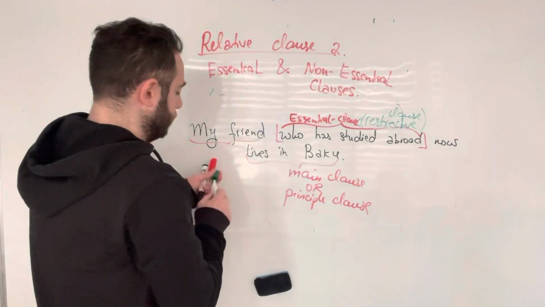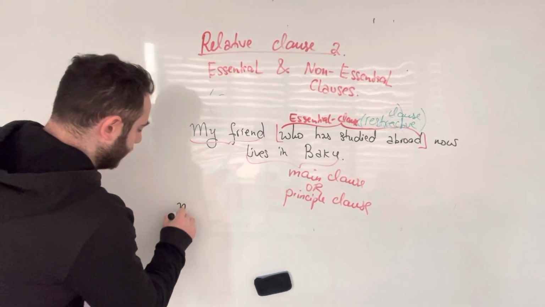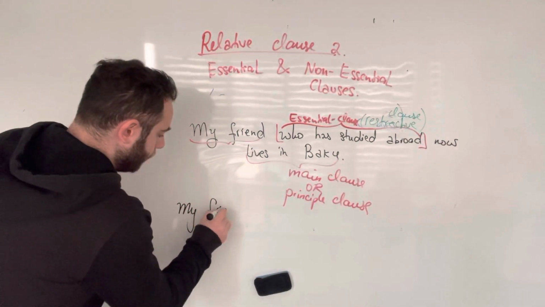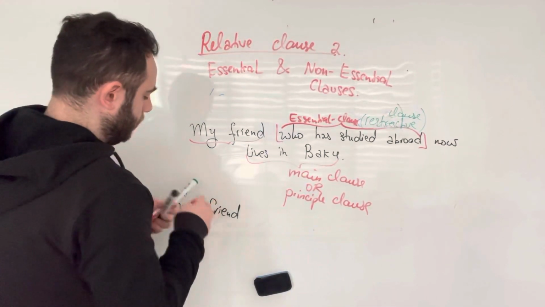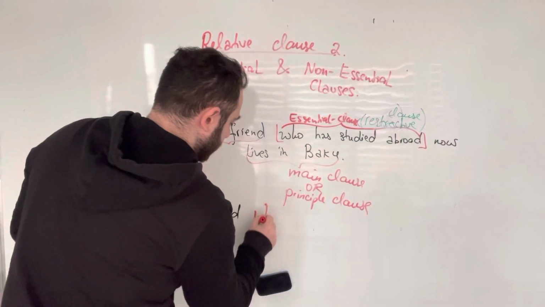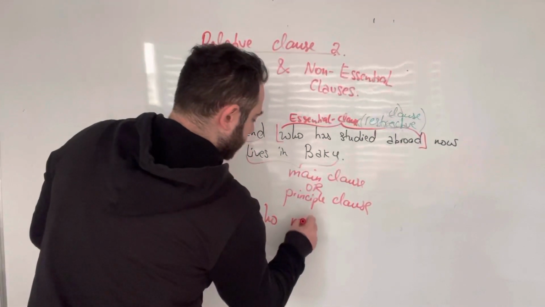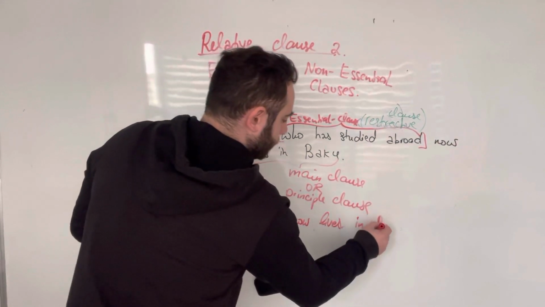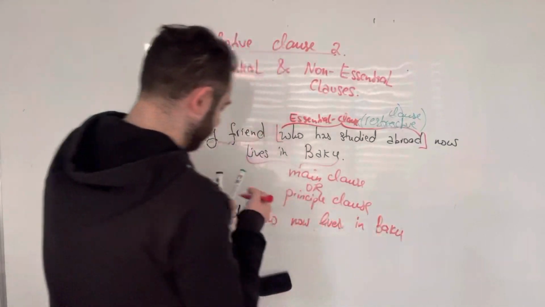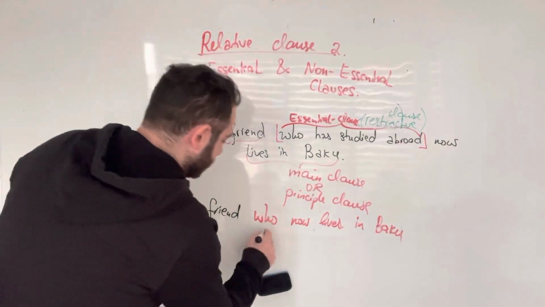So we can write the sentence again as follows: my friend who now lives in Baku has studied abroad.